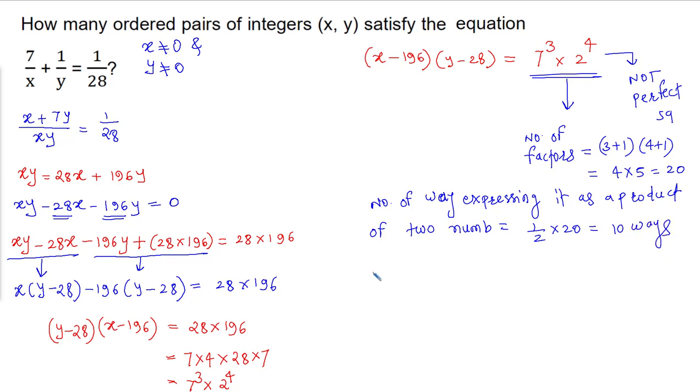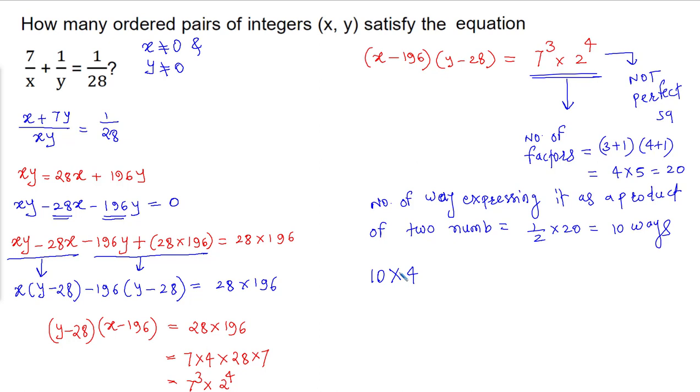Out of these 10 ways, every way will give us 4 different combinations of integral solutions. Out of those, 2 will be positive integral solutions and 2 will be non-positive integral solutions.